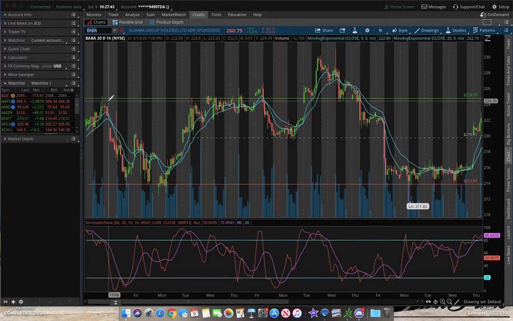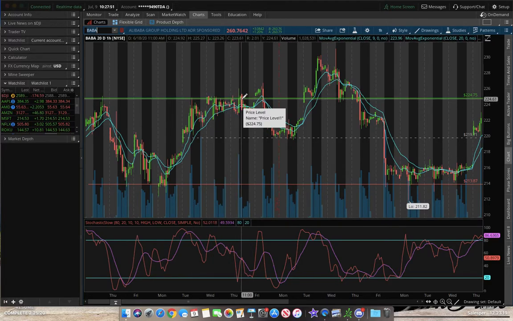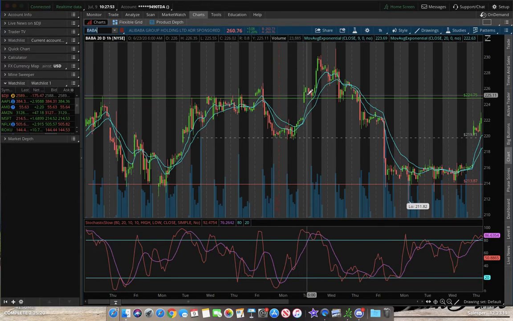We can identify that because it bounces off right here, here. All these having a hard time breaking above it. Does break above it, acts as a new support for a little bit. Breaks right back down. So this is kind of like a comfortable range for Alibaba to be trading in.